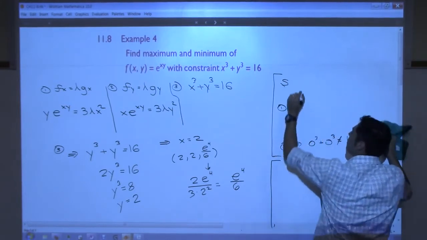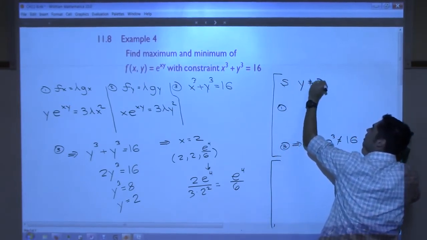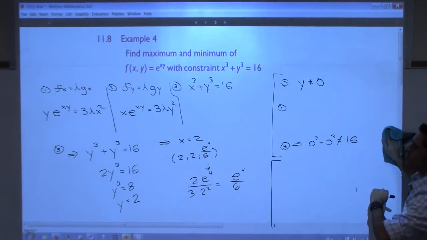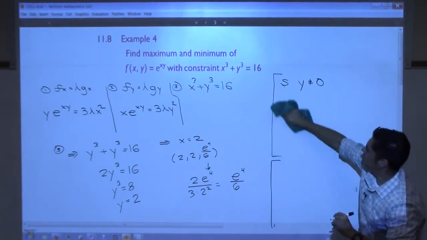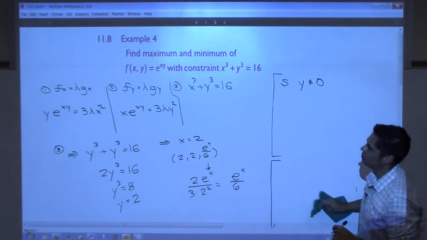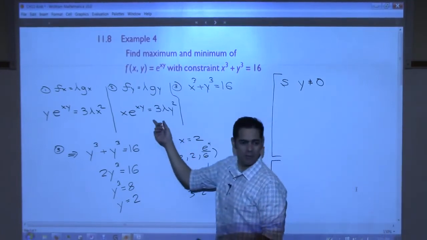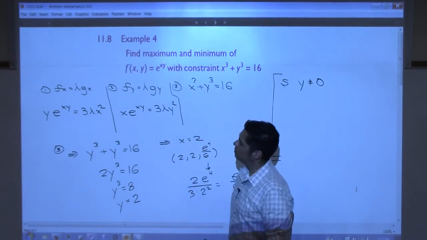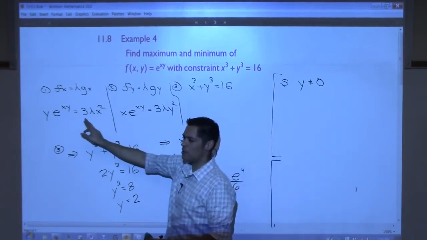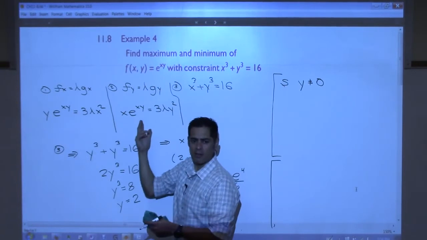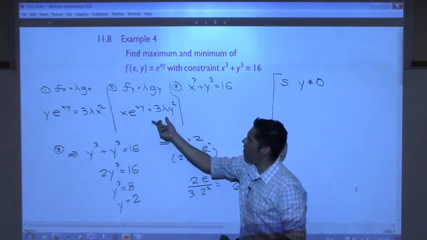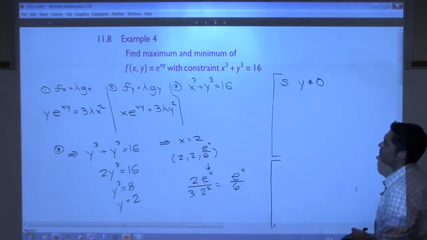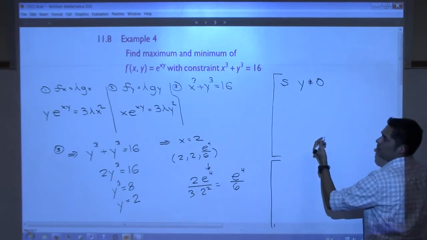What are you going to go for lambda in the second one? Didn't we solve for lambda in the first one, plugged it in here and then got all our stuff? What if we try and solve for lambda in that one? We're probably going to get the same thing.